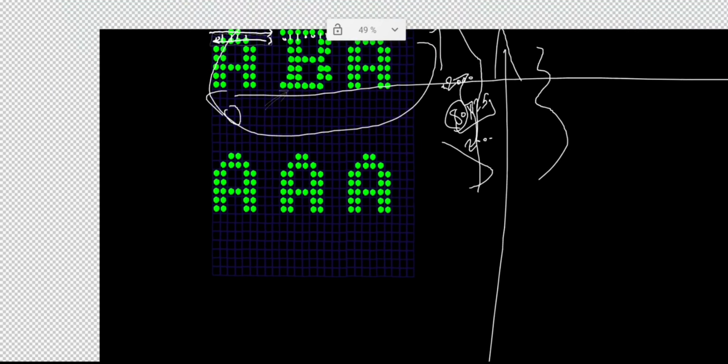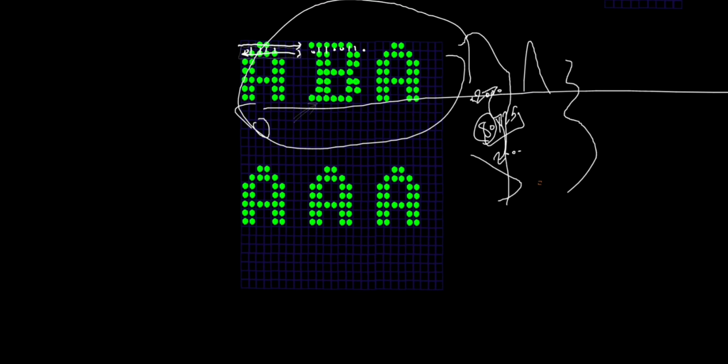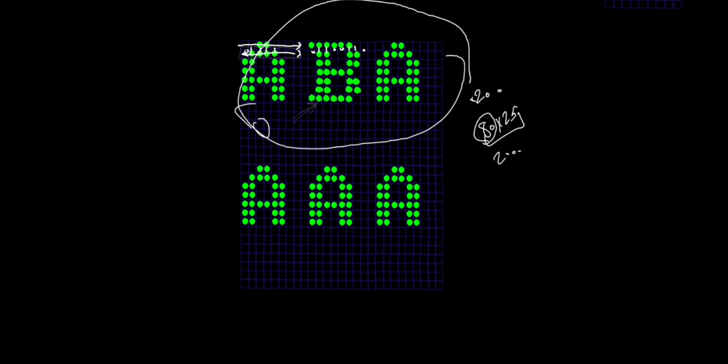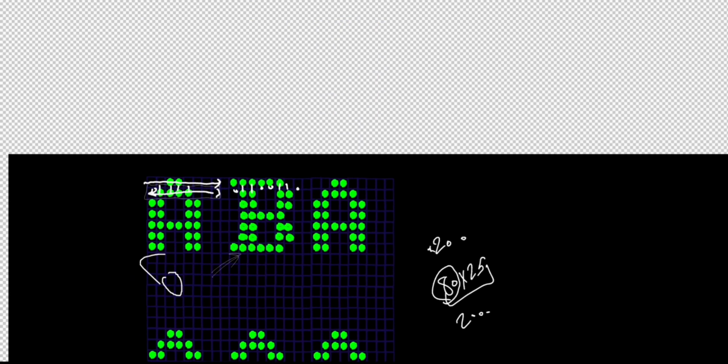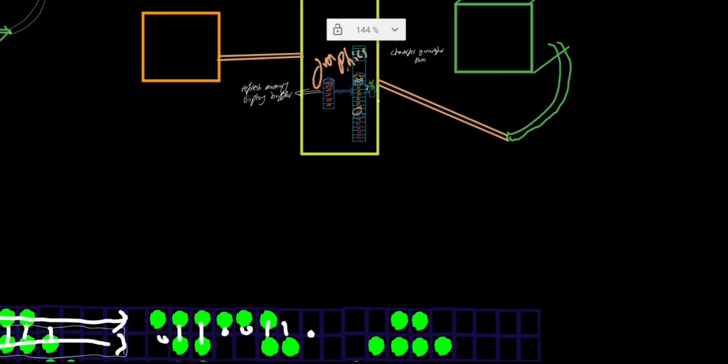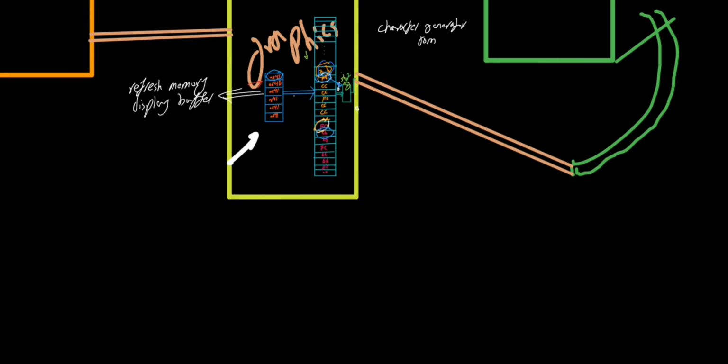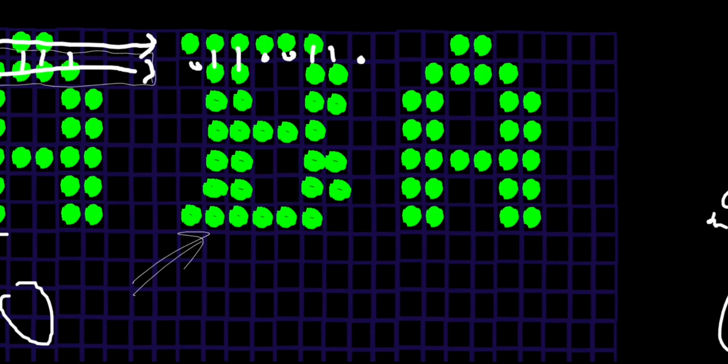So let me zoom out again and explain that obviously if we have this many character rows and these many characters, how many memory cells would we need in the refresh memory of our graphic card? We explained about the refresh memory, and before we said for every character you would need one memory cell in the refresh memory, and every memory cell would give us the position of that character, and therefore that would address a ROM that would give us the character map, which would be 8 bytes long.